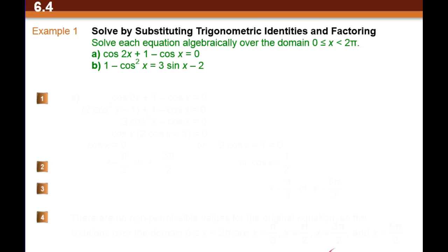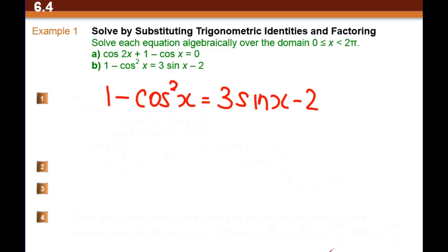Example 1b is 1 minus cos squared x is equal to 3 sine x minus 2. Okay, so we need to simplify this in some way. Whenever I see this, I'm thinking we either got to get rid of the cos or we got to get rid of the sine, because we probably want one or the other, right?